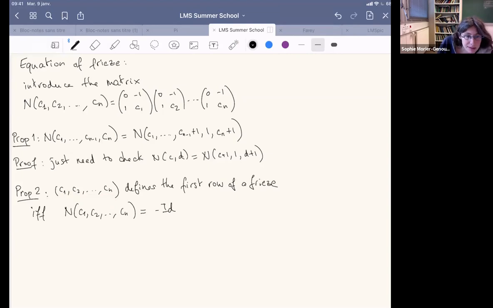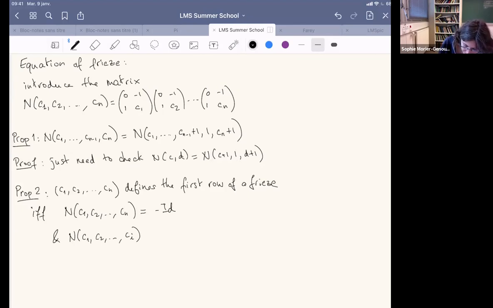But it's not enough. We need to add a condition of, let's say, positivity. So we want that in the intermediate matrices C1, C2, Ci, I have positive entries in the second row of this matrix.